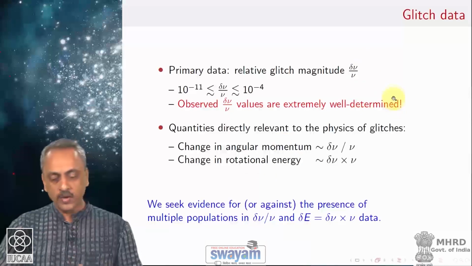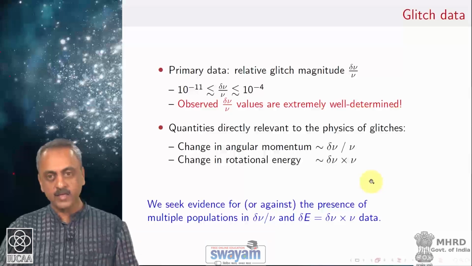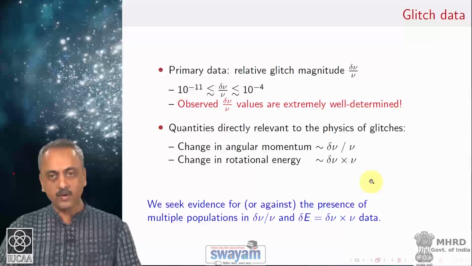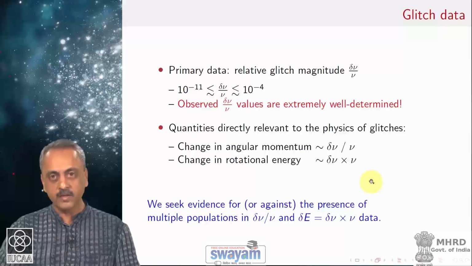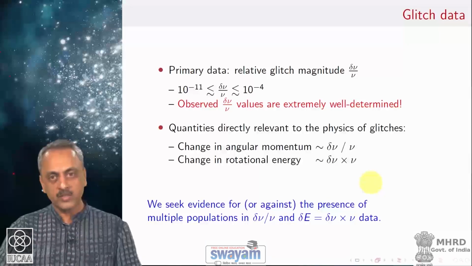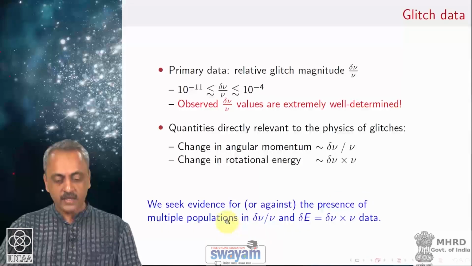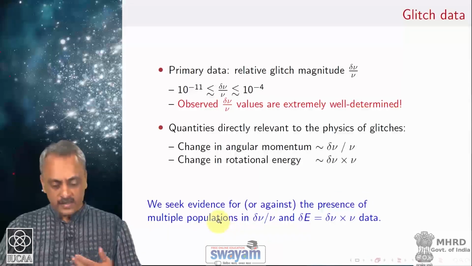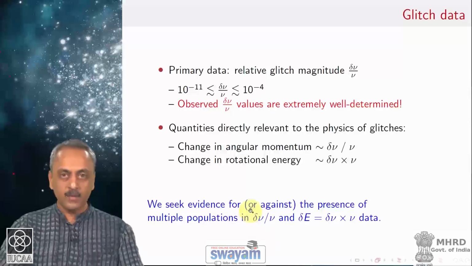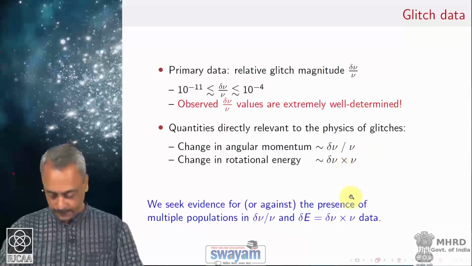So we are now going back to the original physics question of whether more than one mechanism is responsible for the observed glitches. This translates to whether there are multiple populations of glitches in the data. We are essentially asking whether there is any evidence for or against the presence of multiple populations in this delta nu by nu or delta nu times nu data.